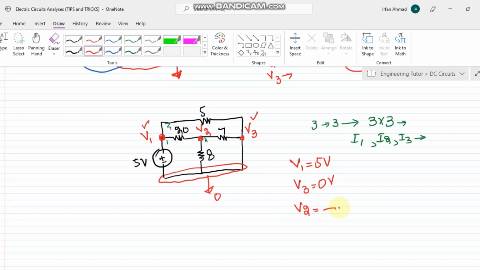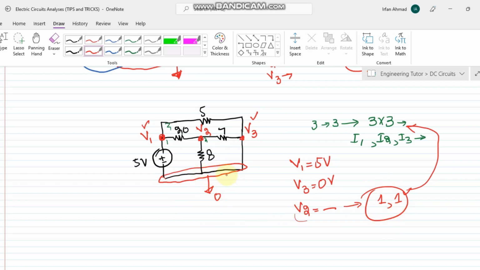Here we will have just one equation and one unknown, and solving the same problem with a 3 by 3 matrix is now much easier by using one equation and one unknown.